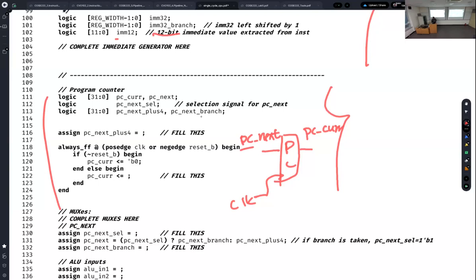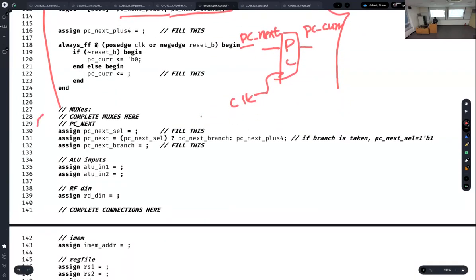And then we can get the two different program counter values for the next PC: PC next plus 4 and PC next branch. I believe we can understand the names of these variables, right? PC plus 4 is the normal PC for the next instruction, and PC next branch is the target of a branch instruction.